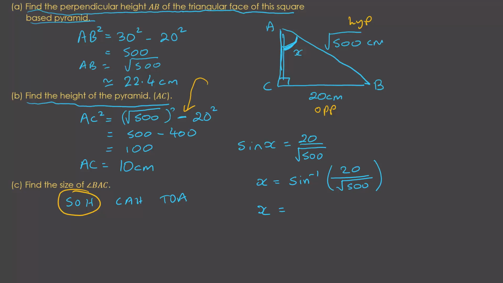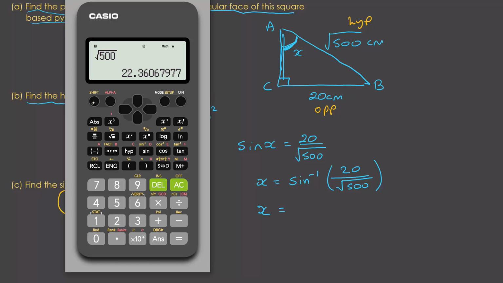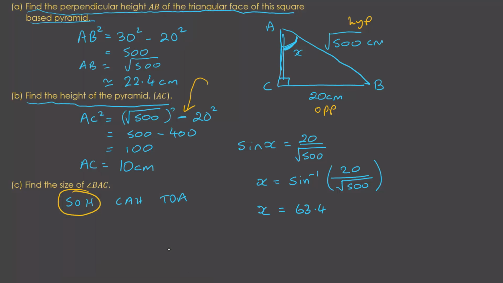And we just need to calculate that. So we've got the inverse sine of 20 divided by the square root of 500. And that is 63.4 degrees, correct to 1 decimal place.